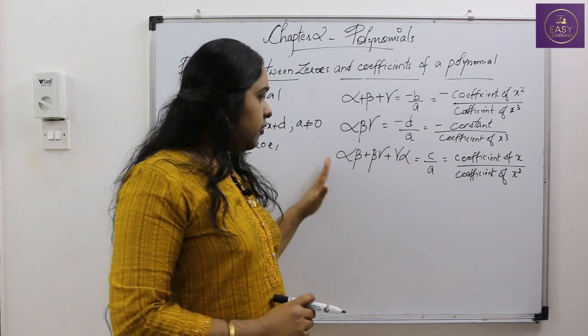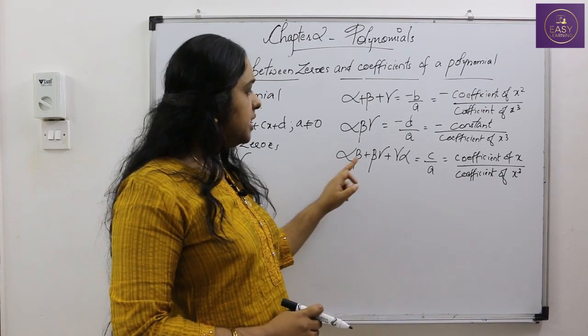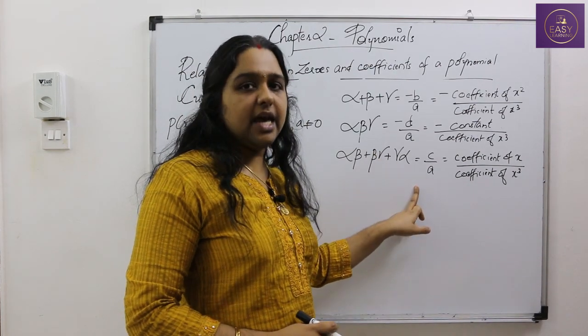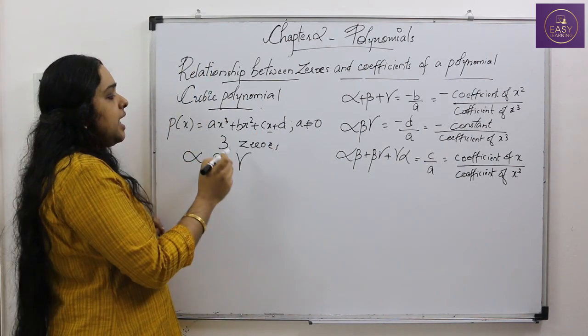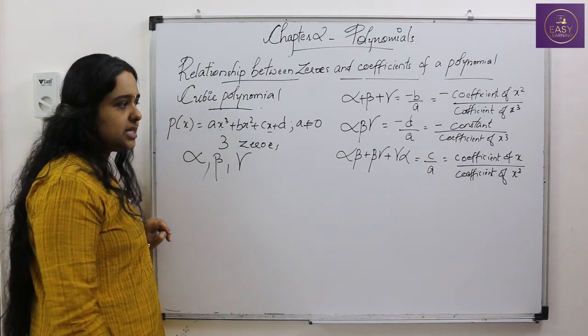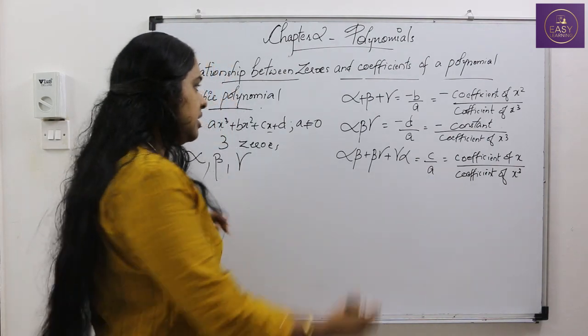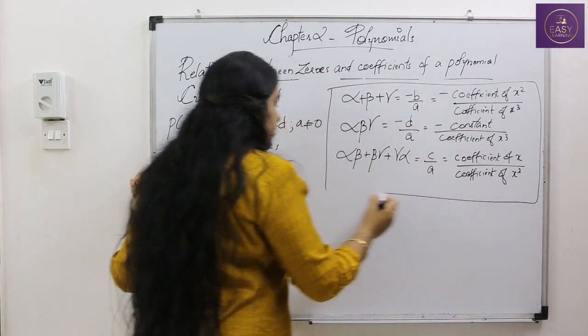Then one more equation we have for cubic polynomials: alpha beta plus beta gamma plus gamma alpha equals c by a. Here c is the coefficient of x and a is the coefficient of x cube. These three equations you also have to remember.